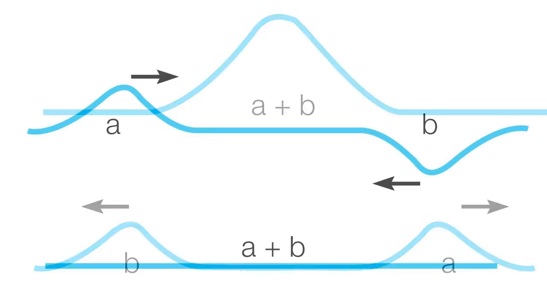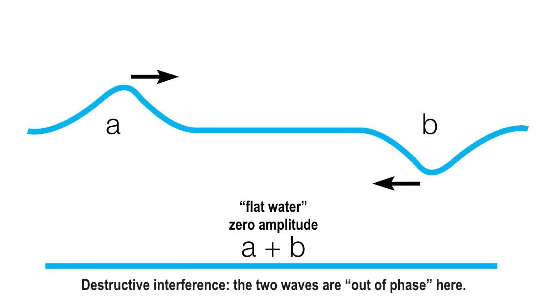All right, now let's talk about destructive interference. Here's a trough and a peak, a trough and a crest. Again, this is kind of idealized just to emphasize the destructive interference concept.